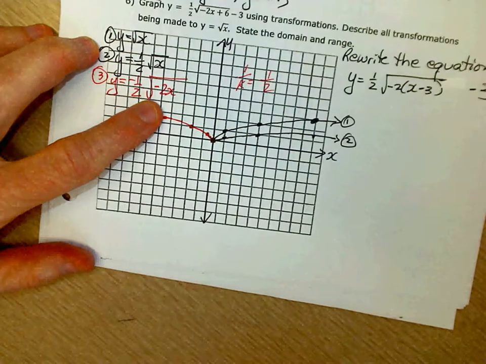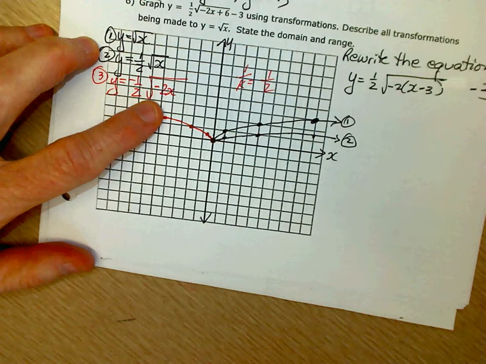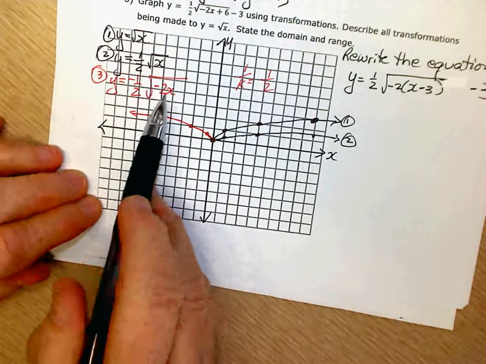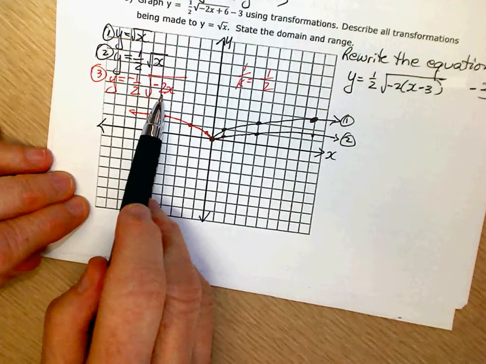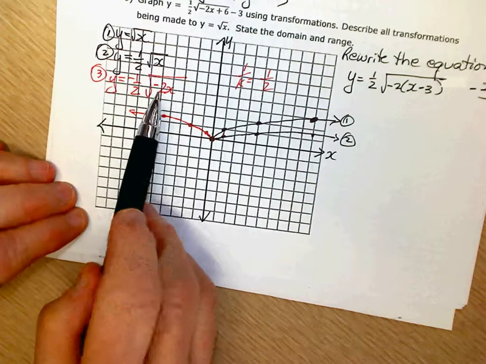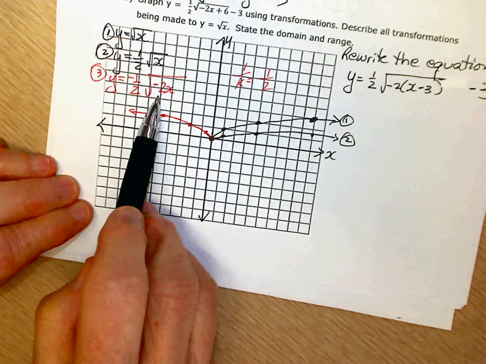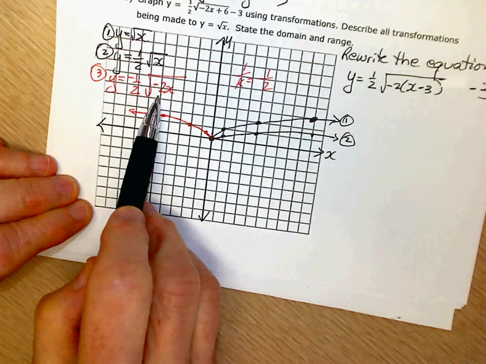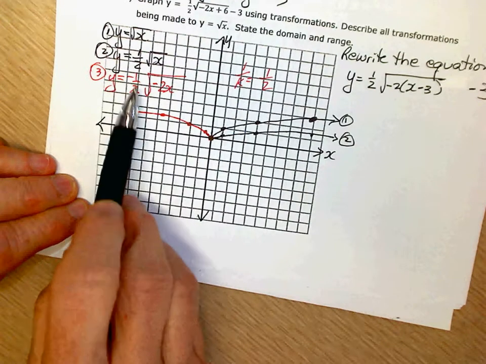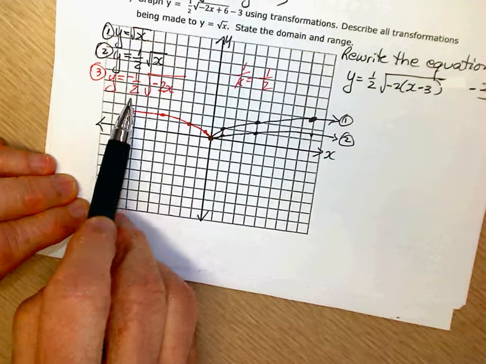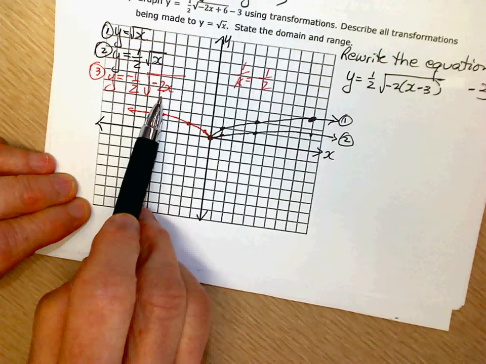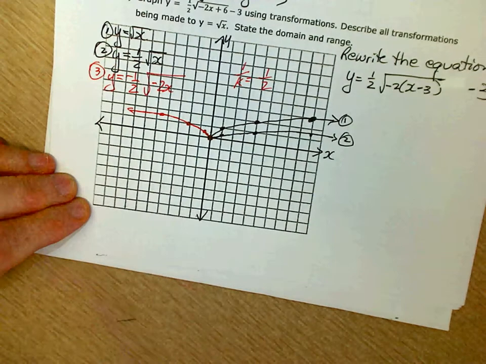Think of x as disobedient. You think you're stretching it, but in effect you're compressing it by a factor of 2. Y is obedient. You say a half, you stretch it by a half, or you compress it by 2. But x is saying, I'm not listening to you, I'm doing the opposite. That might help you remember.